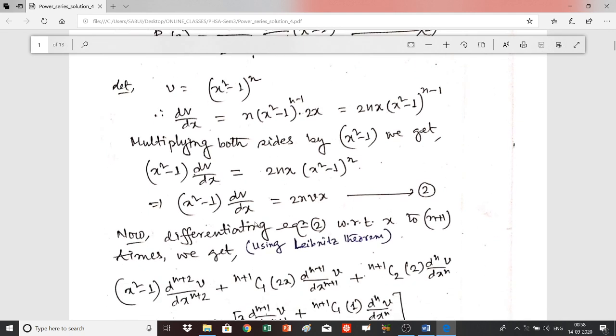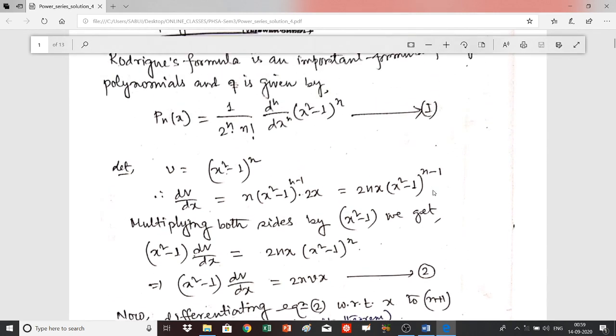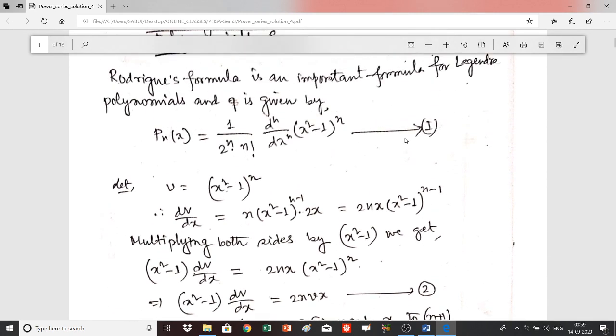From this relation, one can write (x square minus 1) dv by dx equal to 2n v x, because we have taken v equal to (x square minus 1) to the power n. So this can be written as 2n v into x. I write this equation as equation number 2, and the earlier one as equation number 1.